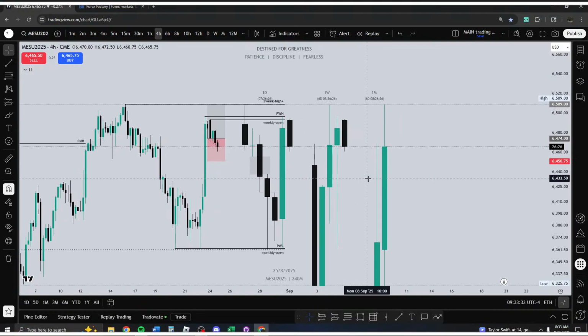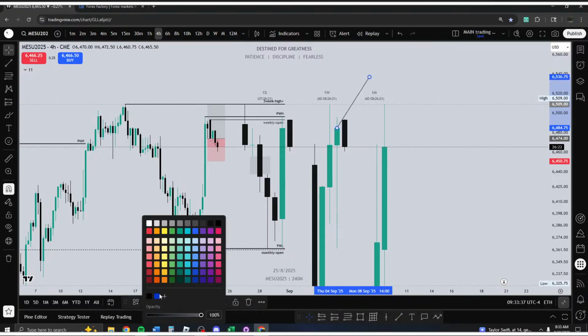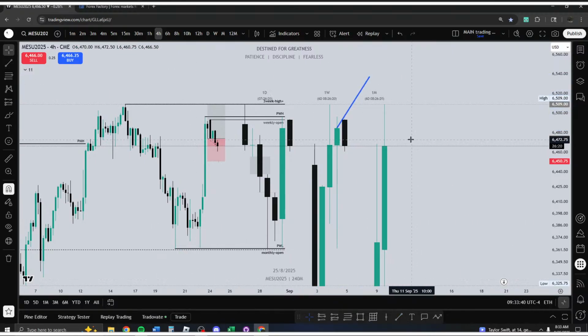So I want to start off with the weekly time frame. Let's take a look at this weekly candle here, where this blue line is drawing your attention. This right here is the previous weekly candle.